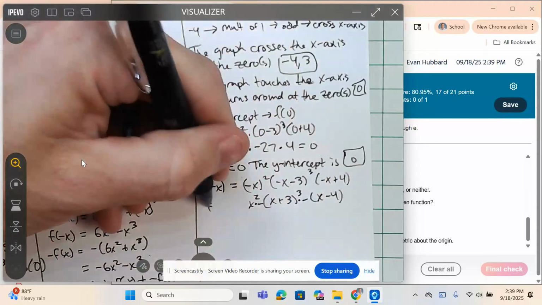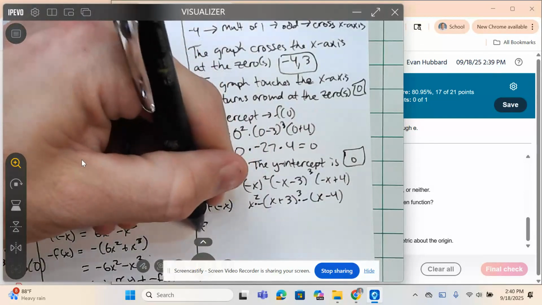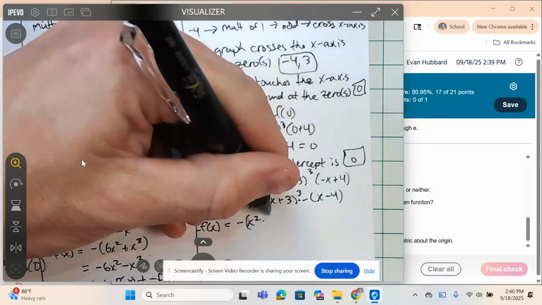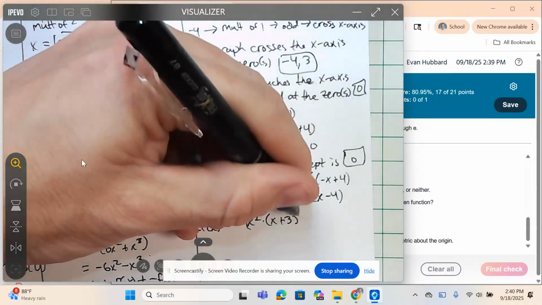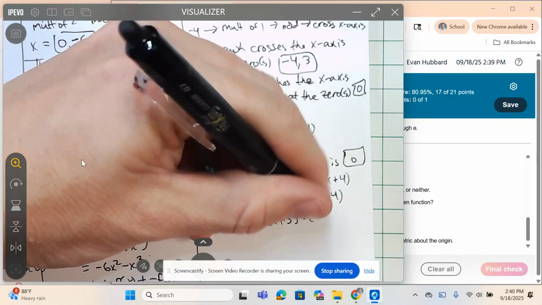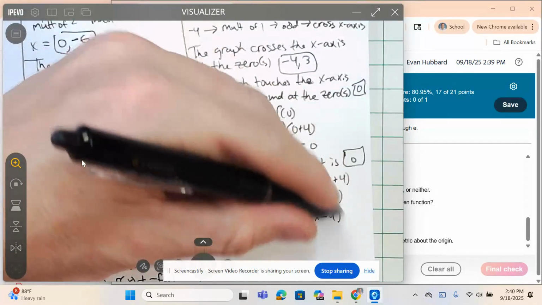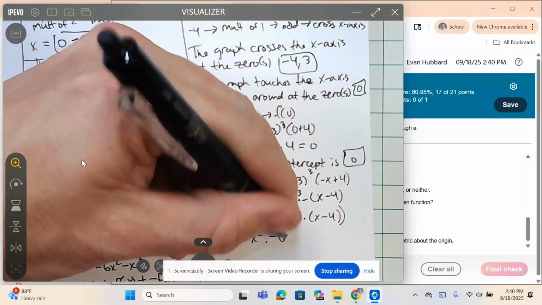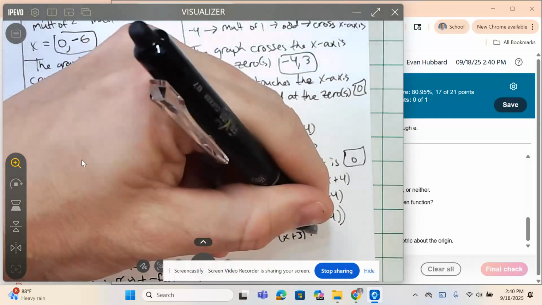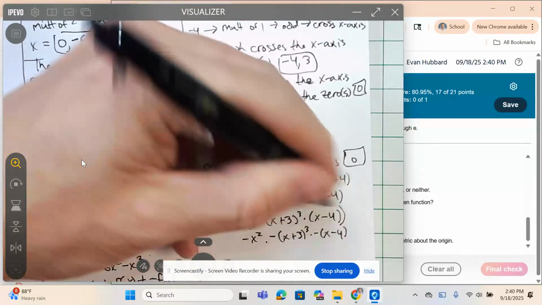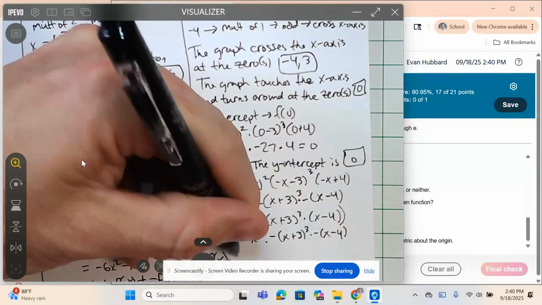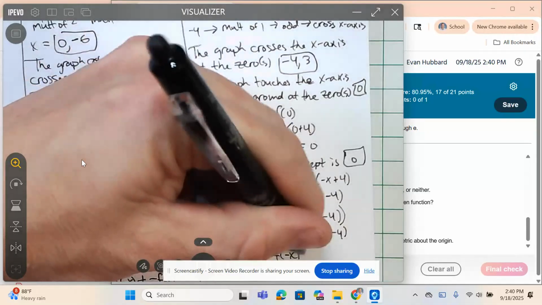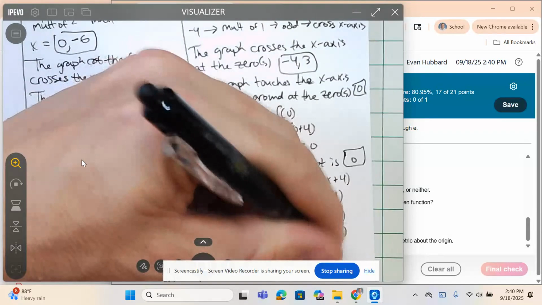Negative f of x is going to be -x squared times x minus 3 cubed times x plus 4. This one's close to being true, but the problem is it's going to make that negative. And so f of x does not equal f of -x, and f of -x does not equal negative f of x, so it's going to be neither.